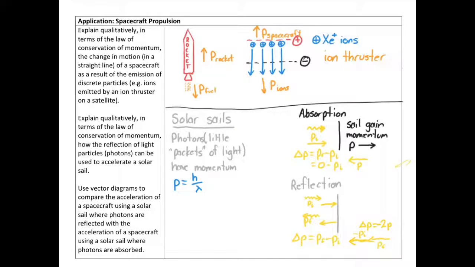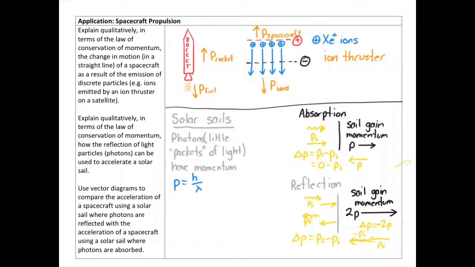So basically, we get a change in momentum in this direction towards the left of 2p. Therefore, when it's reflected, the sail gains momentum, but it gains twice the momentum it gains if it was absorbed. So it gains 2p momentum in that direction.